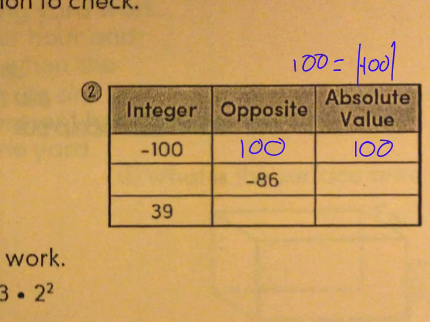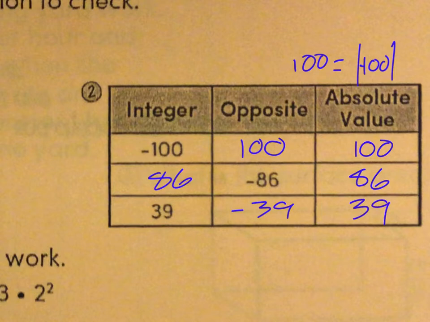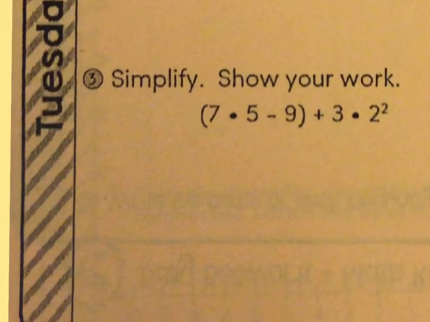So negative 100 is 100 away from 0. The opposite of negative 86 would be 86, and the absolute value would be 86. Now we have 39. The opposite is negative 39, and the absolute value is 39. Pretty simple. Good review.